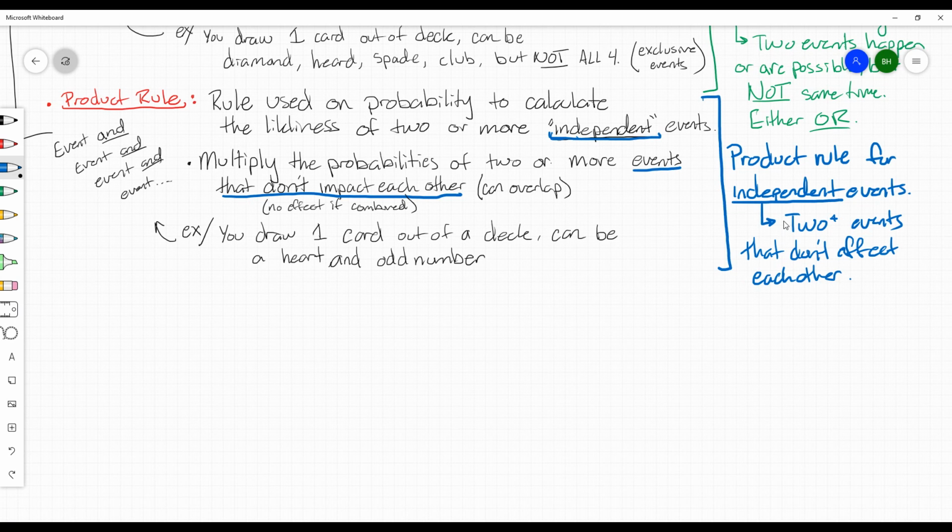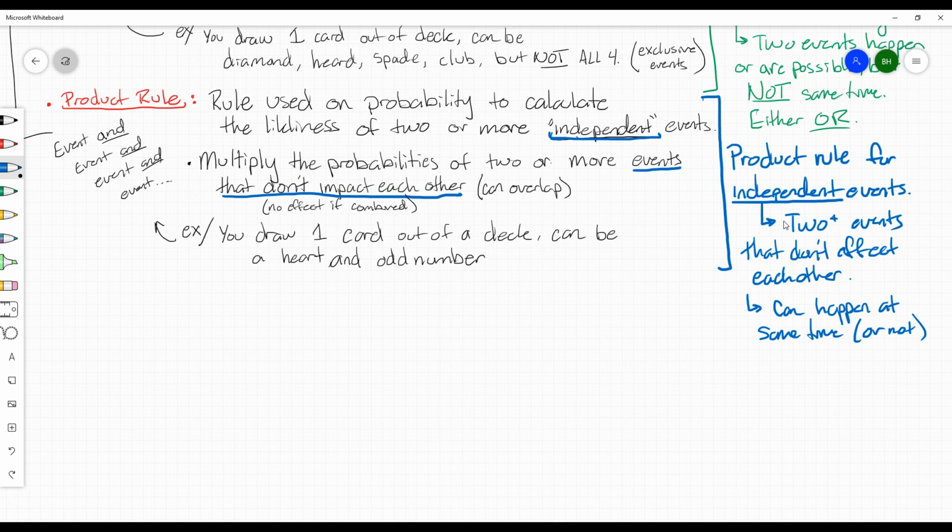In other words, they can happen at the same time. Or not. I mean, they can happen at the same time, but that doesn't mean you need both of them to actually happen at the same time.